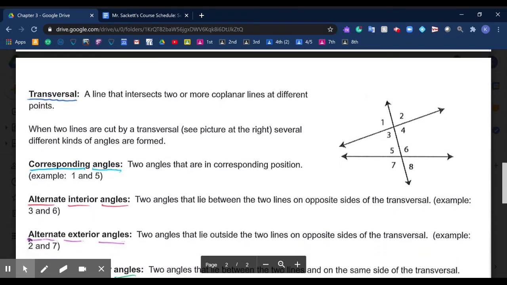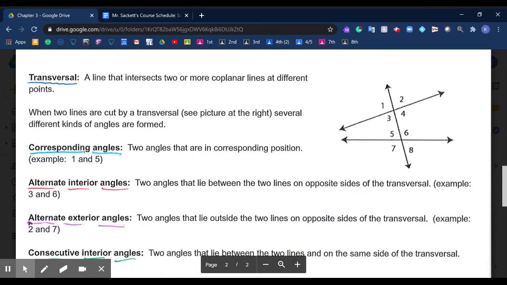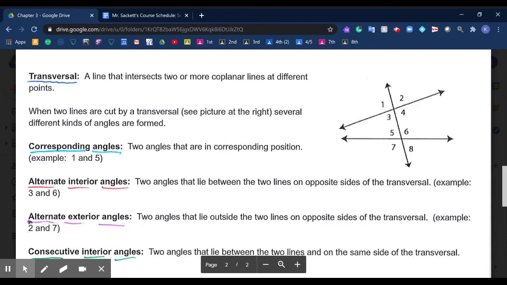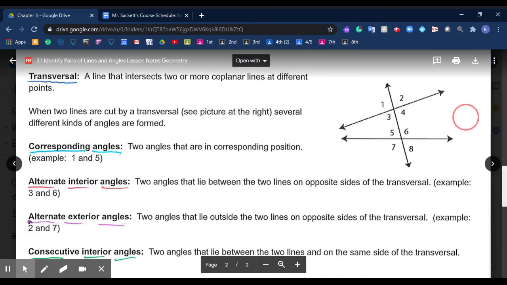And then we move into this idea of a transversal. A transversal is a line that intersects two or more coplanar lines at different points. So if we look at the diagram over here, we have these two lines, and the transversal would be this line right here.